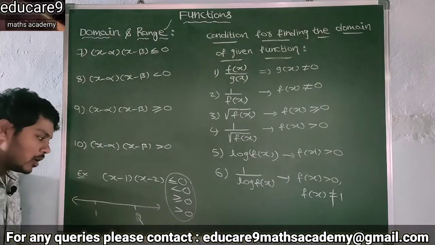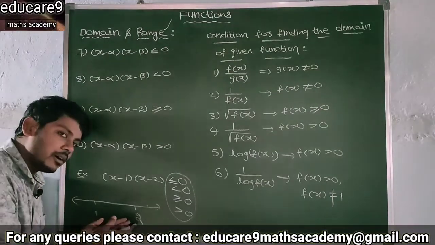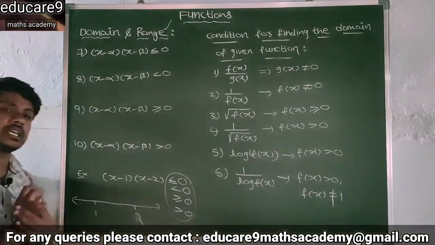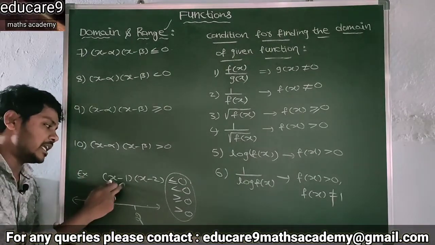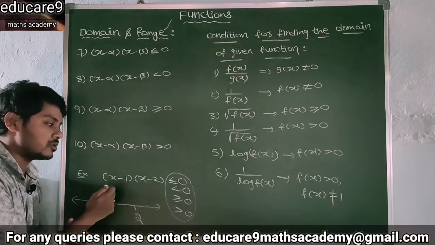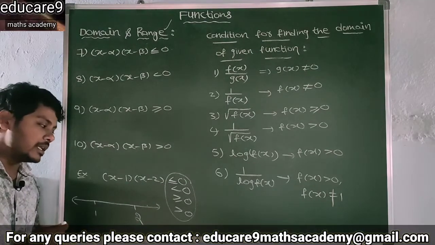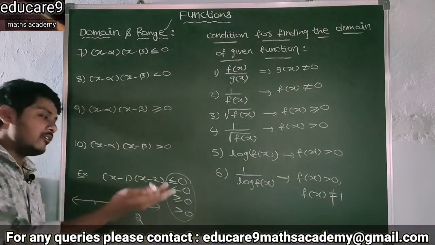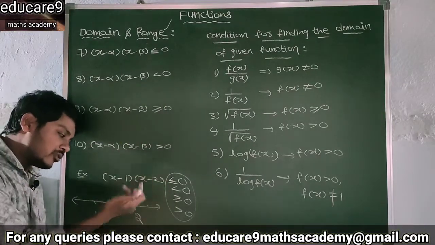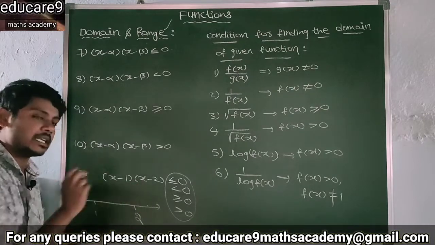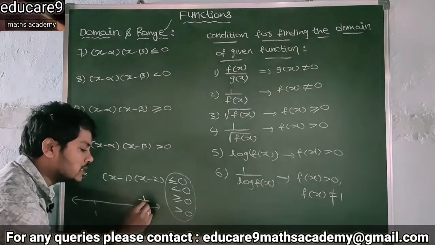For example, if you substitute x values above 2, for example x is equal to 3: 3 minus 1 is positive, 3 minus 2 is positive. So positive into positive, the outcome is positive. So if you substitute any value greater than 2, this expression gets a positive sign.